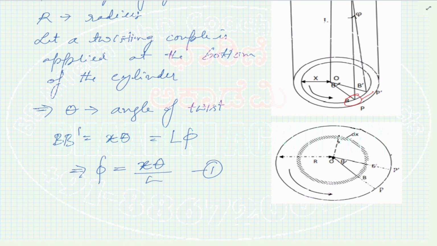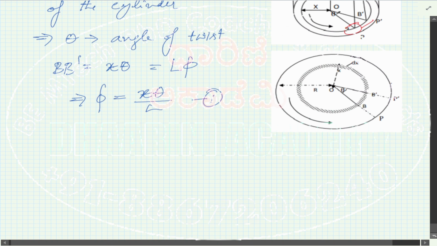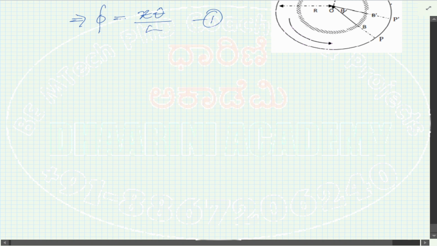Now let us say that there is a tangential force acting on the cylinders. Let delta F be the tangential force.